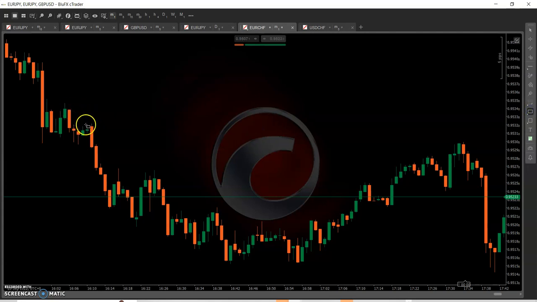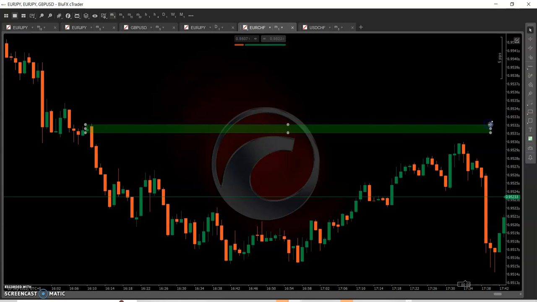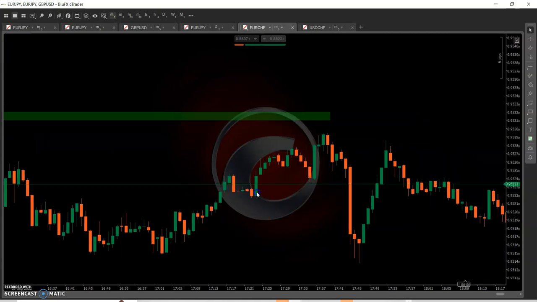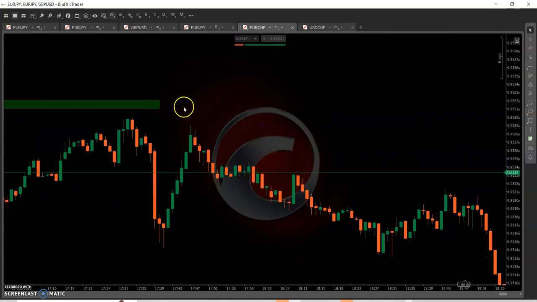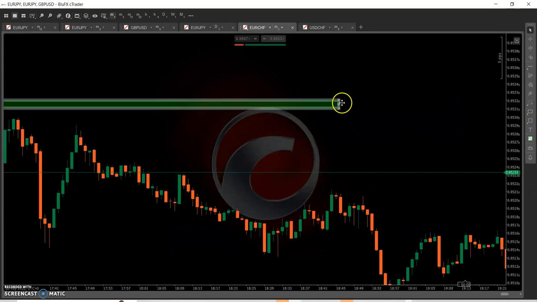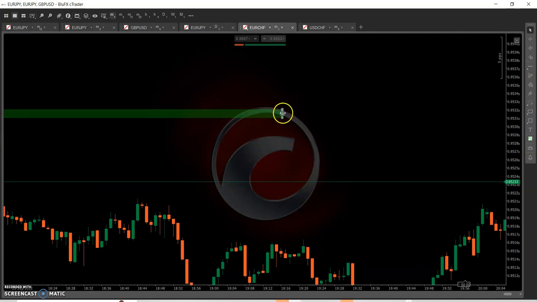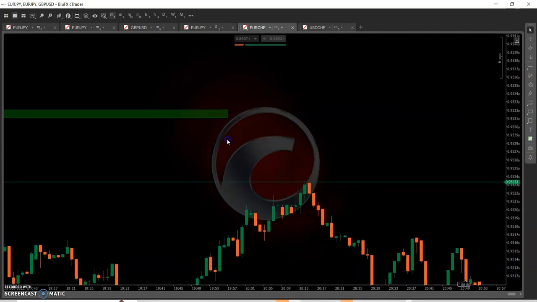I think we're done with the analysis. I'm just showing you stuff. Price came up to cover the gap, but there's still some gap that's going to come and meet. Price will always leave a path that it can follow.